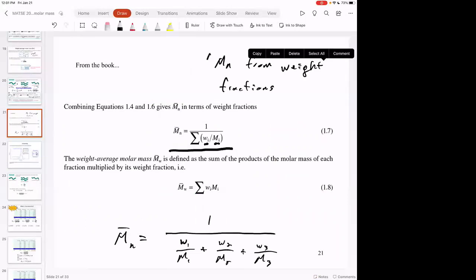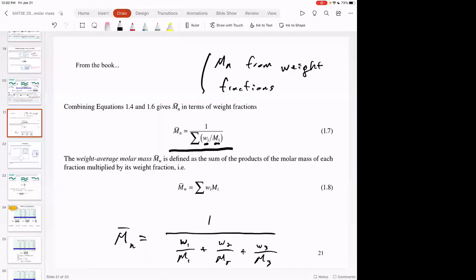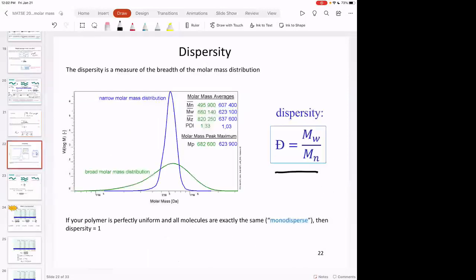Sometimes in the book, it gives you a shortcut and gives you a formula that you can use rather than having to do the accounting yourself. So make sure you take a look at the book, and for dispersity as well.